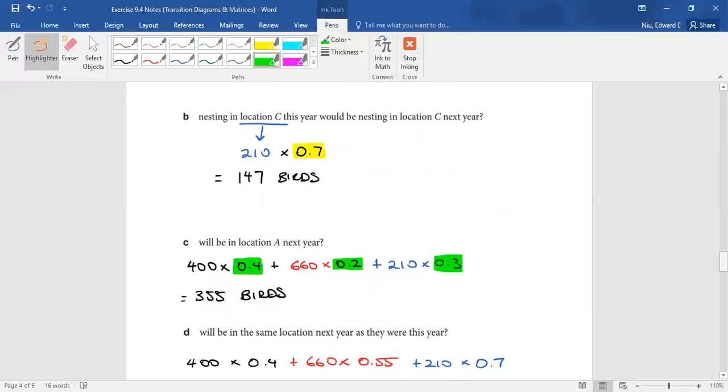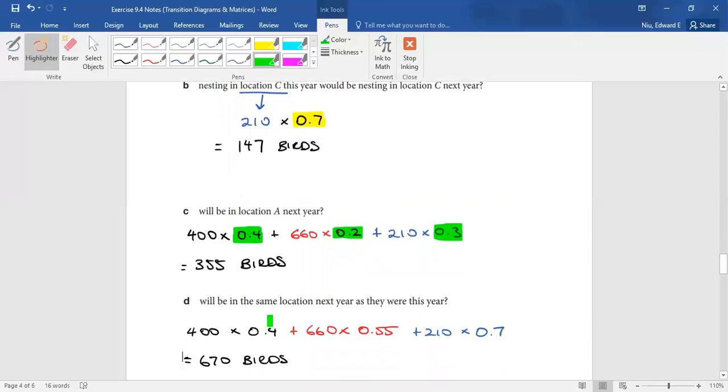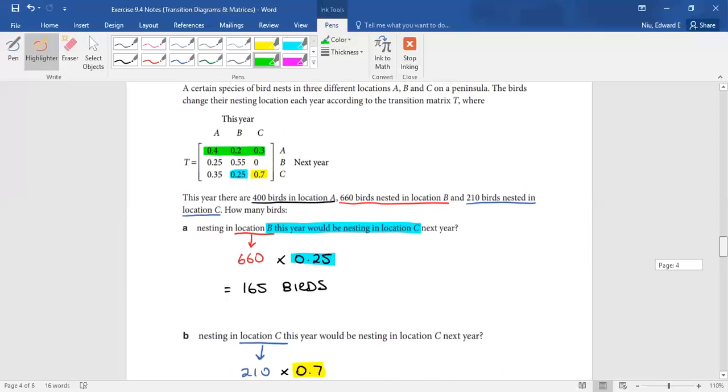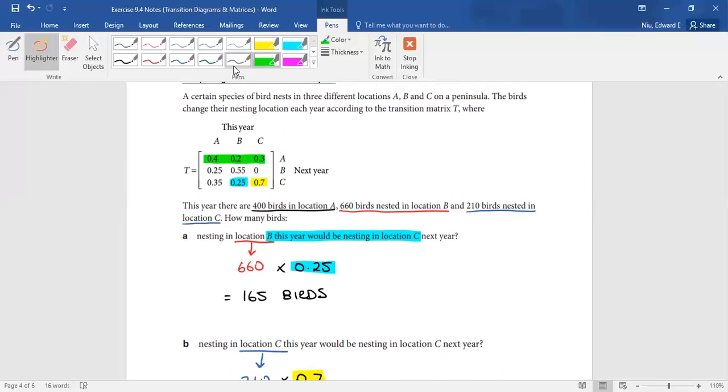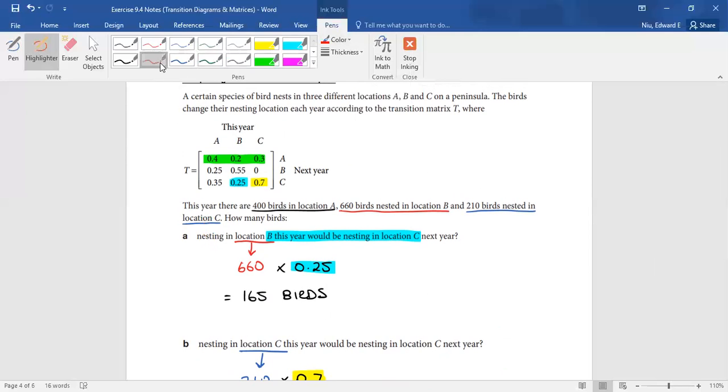Now, the last question is, how many birds will be in the same location next year as they were this year? This one, we have to look at the diagonal. So this one here, let's underline in red. Oh, actually, we've already used the color red, haven't we, in the underline?